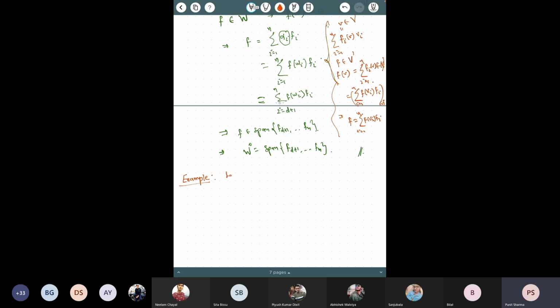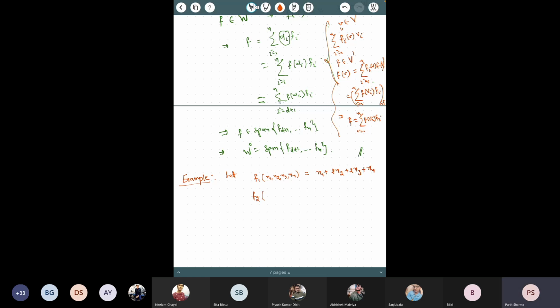Suppose that we are given these linear functionals on R4, defined as follows. F1 of (x1, x2, x3, x4) is x1 plus 2x2 plus 2x3 plus x4.